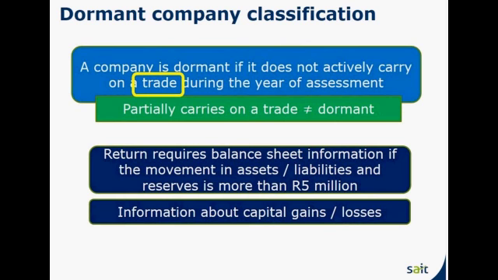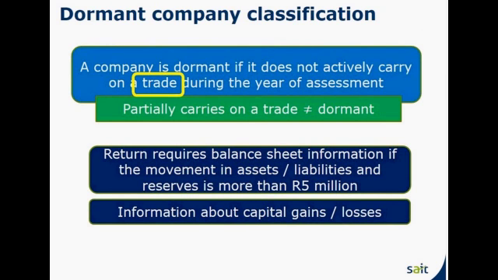If you've got a company that falls into the dormant company classification, then the form asks you to give certain information about the assets and liabilities, but only if that movement is more than 5 million. It also asks you to give certain information about your capital gains and losses.